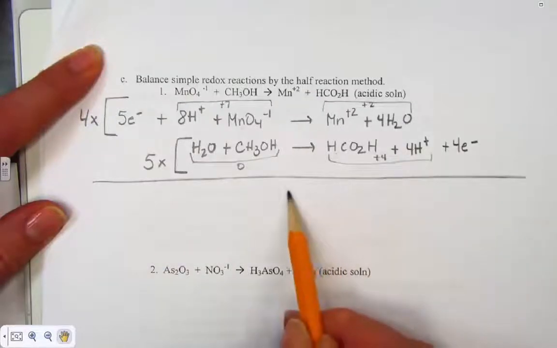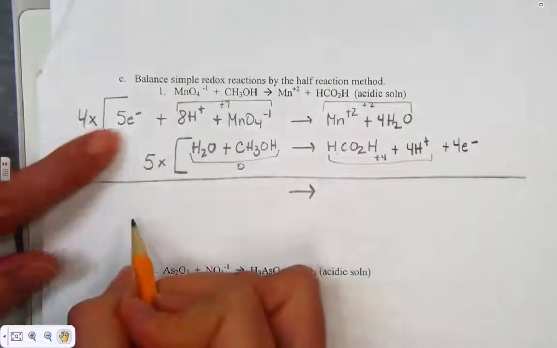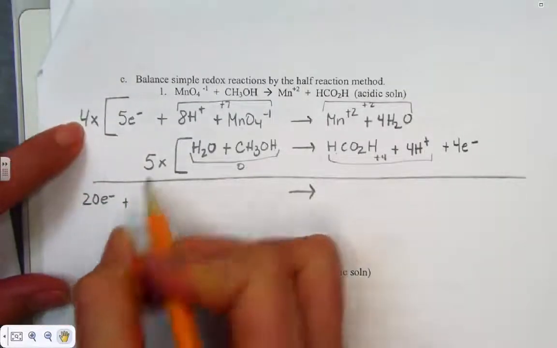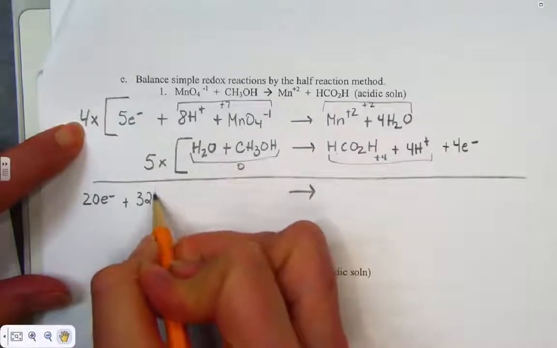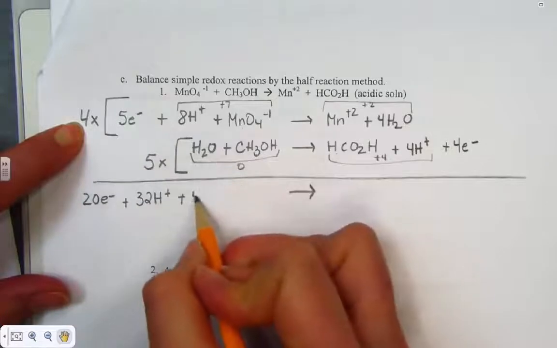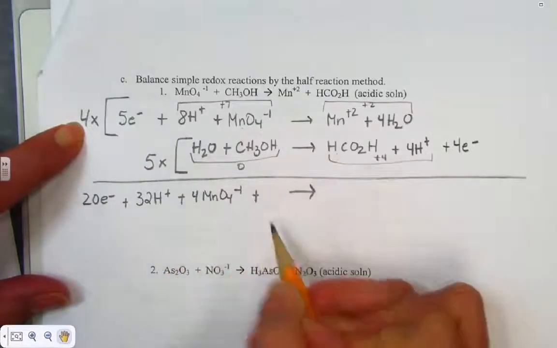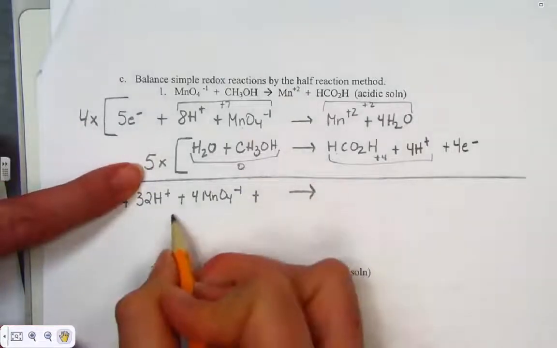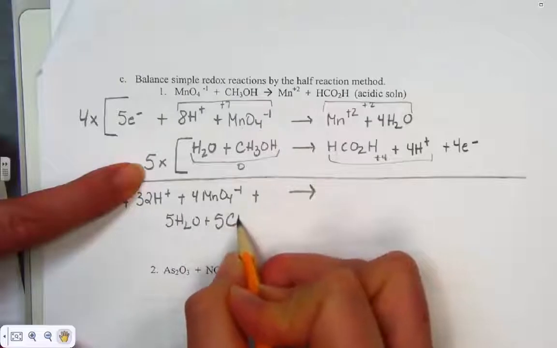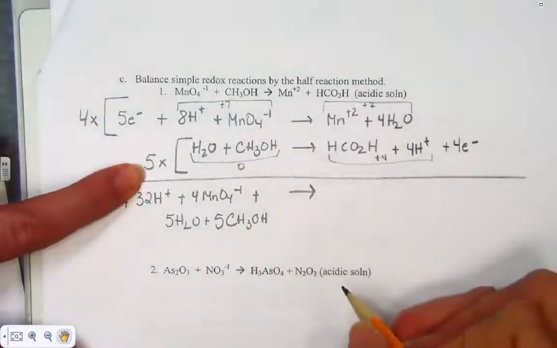I'll distribute and add back together at the same time. 4 times 5 is 20 electrons, plus 4 times 8 is 32 protons, plus 4 units of permanganate polyatomic ion, plus distributing a 5 waters, and 5 CH3OH, a molecule called methanol.